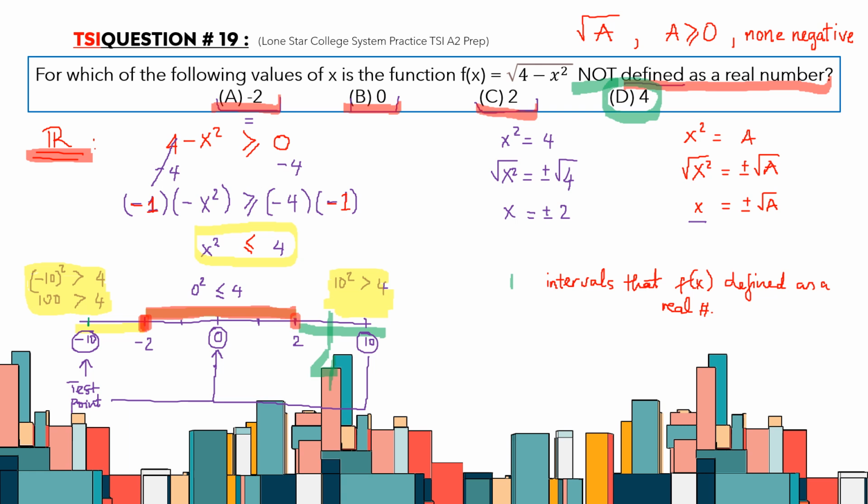We set the expression under the square root greater than or equal to 0, then solve the inequality. Then the second step is we find the values of x not in that interval, so they are not defined as real numbers.